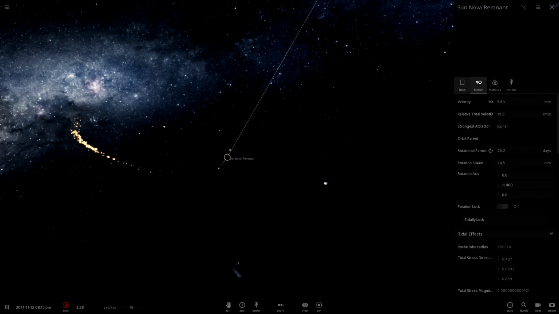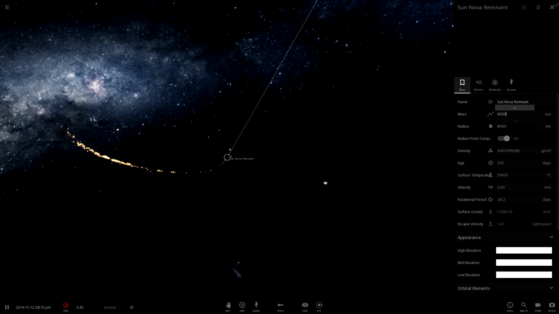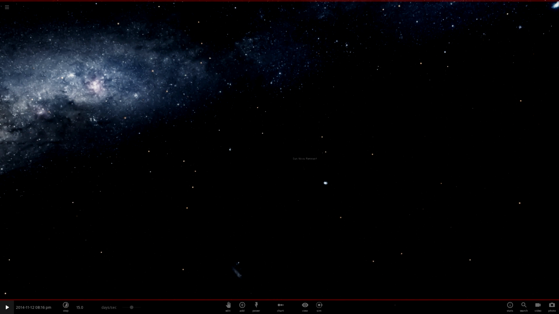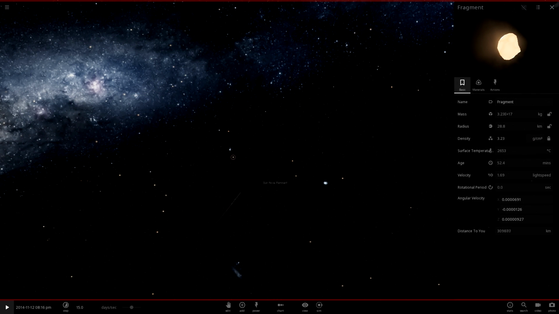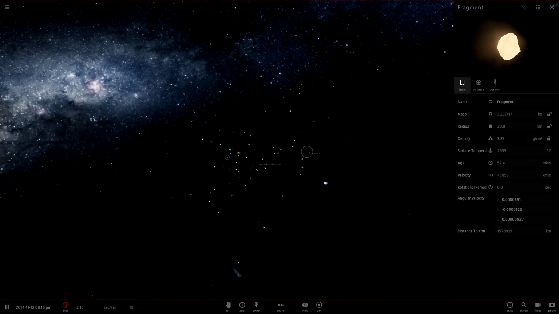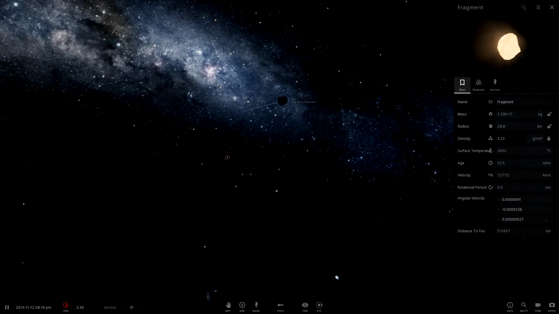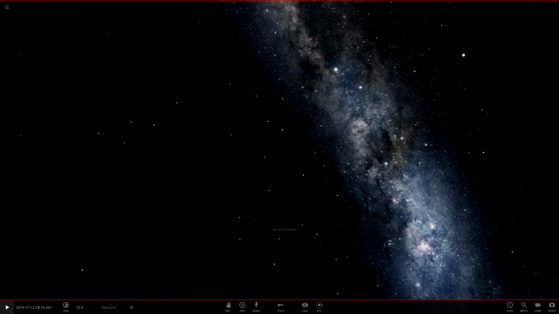All we have to do is increase its mass, which, oh man. Look how close things are getting now. So let's check the velocity of these now. They are going faster than light, and they are actually flinging all over the place.